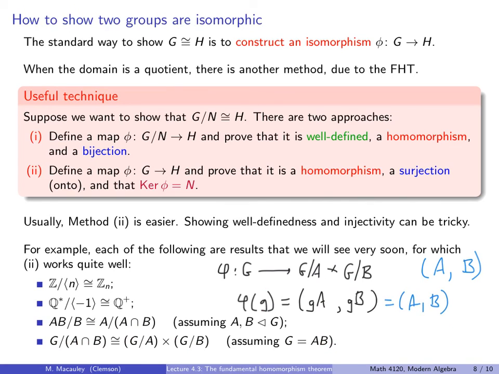Well, that's if and only if g is in A and g is in B. So this is true if and only if g is in A and B, which means it's in their intersection. So here it's actually very straightforward to show that the kernel of this mapping is indeed A intersect B, which is exactly what we want to be in place to use this technique to prove that this is indeed an isomorphism and apply the fundamental homomorphism theorem.